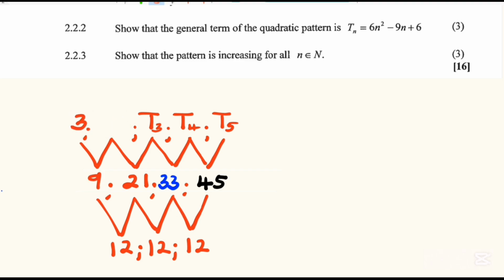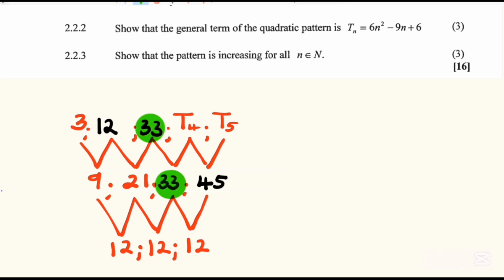So in the place of term 2, we substitute 12. In the same way, we expect that 12 plus 21 will give us term number 3. 12 plus 21 is equal to 33. So in the place of term 3, we substitute 33.